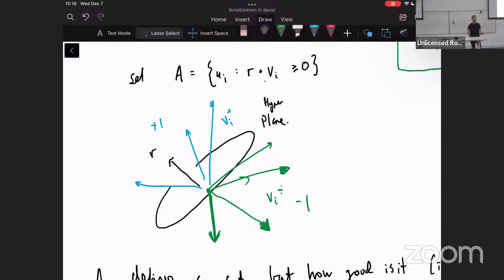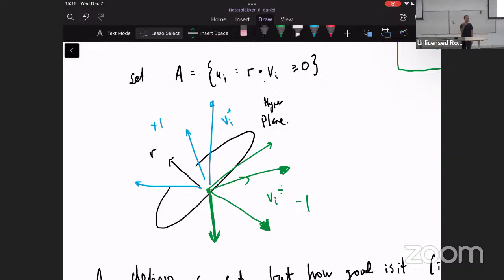So you pick a random direction on the sphere, and you're saying that everyone in this direction, that's left. Everyone in that direction, that's right. So you pick a random hyperplane through the origin that cuts your space in 2 halves. All the VIs that go one side, that's one side of the cut. All of the VIs that go on the other side, that's the other side of the cut.